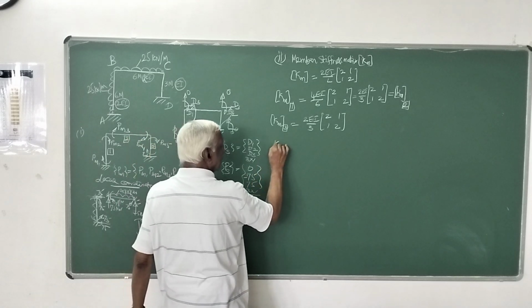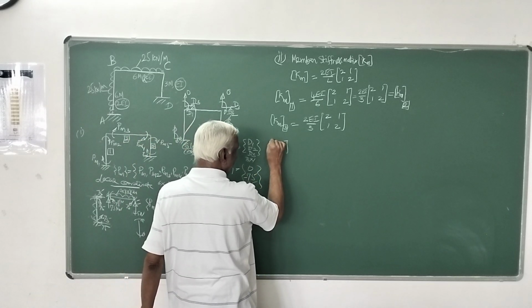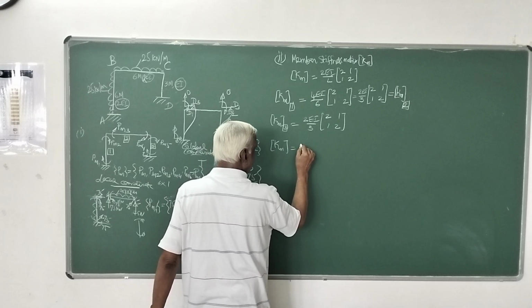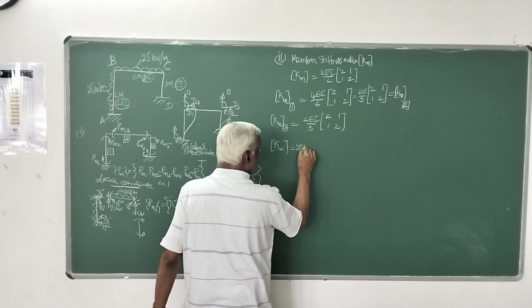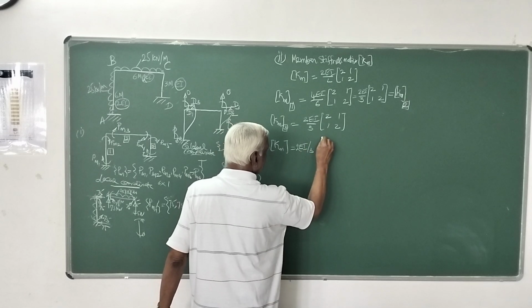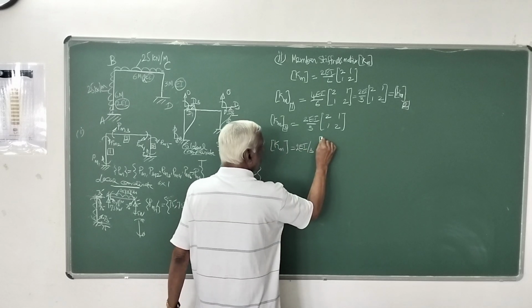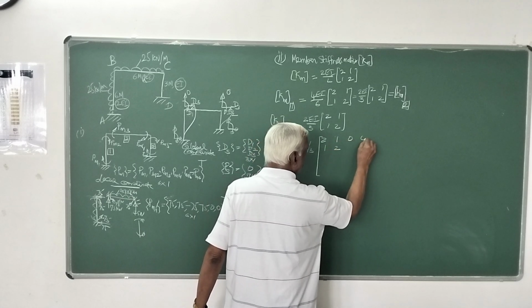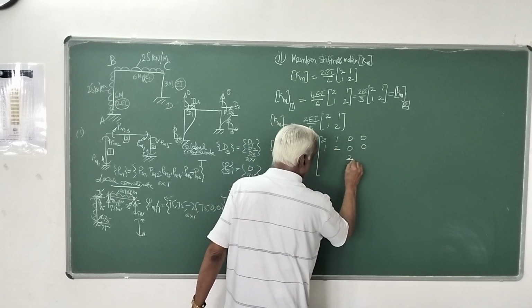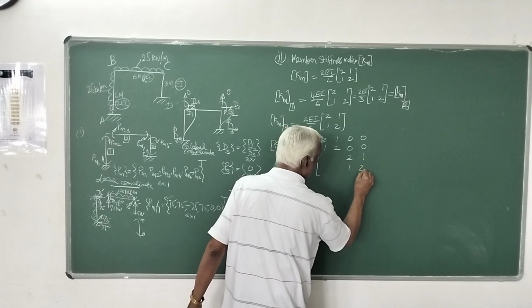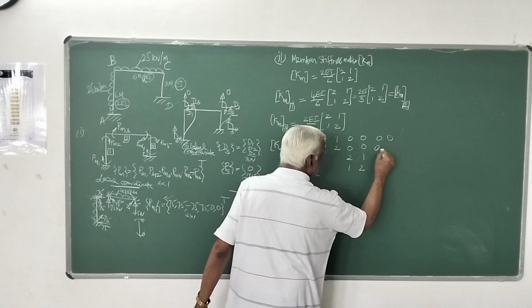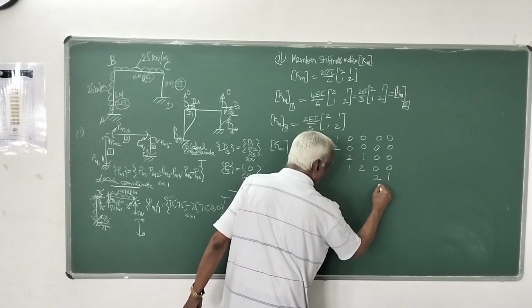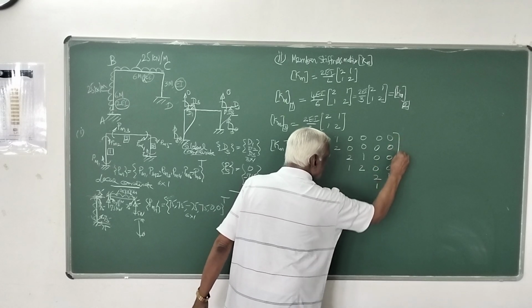Therefore, the total member stiffness matrices we assemble in matrix form: [2, 1; 1, 2], then [2, 1; 1, 2], then [2, 1; 1, 2].